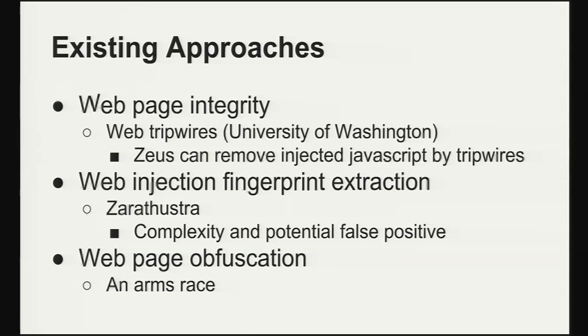Then they also show that maybe the Zeus bot can further apply deobfuscation approaches to deobfuscate the HTML page and then find a nice place to inject. Then they say, now we can use the deobfuscation techniques applied in security software to find the exploit tools that they use to hide their tool. So basically, the main idea is that I can borrow our adversary's techniques against our adversary, but in different scenarios. That's a very interesting idea.